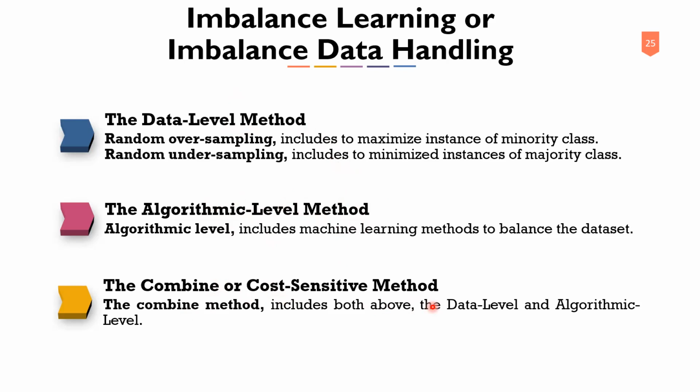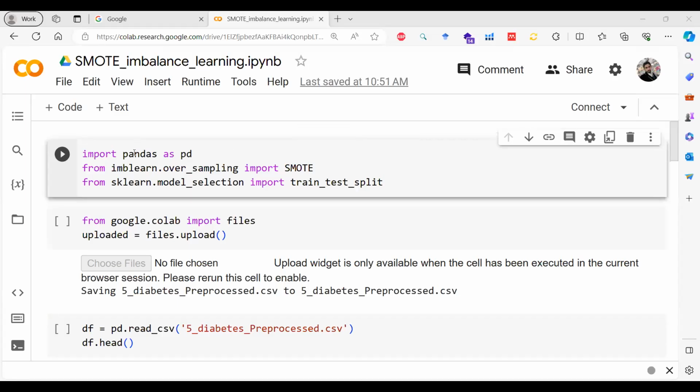Let's move forward towards applying a data level method, which is an oversampling technique called SMOTE, the synthetic minority oversampling technique. Let's see how the code will work to oversample the instances.